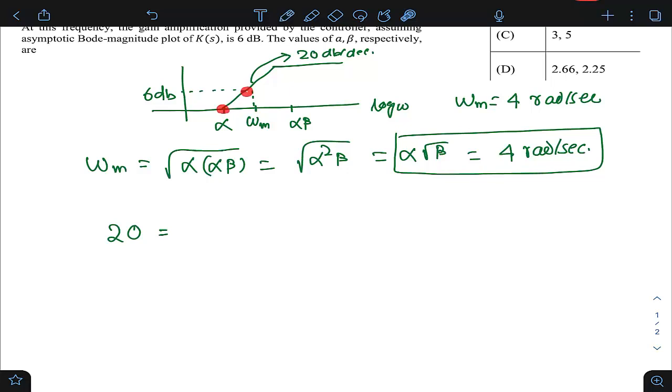I'll be doing y2 minus y1 by x2 minus x1. So y2 is 6, y1 is 0, x2 is log omega m since it's a log axis, and this is log alpha. So I can write that 20 is equal to 6 dB minus 0 dB divided by log of omega m, which is directly alpha square root of beta, so log of alpha root beta minus log of alpha.